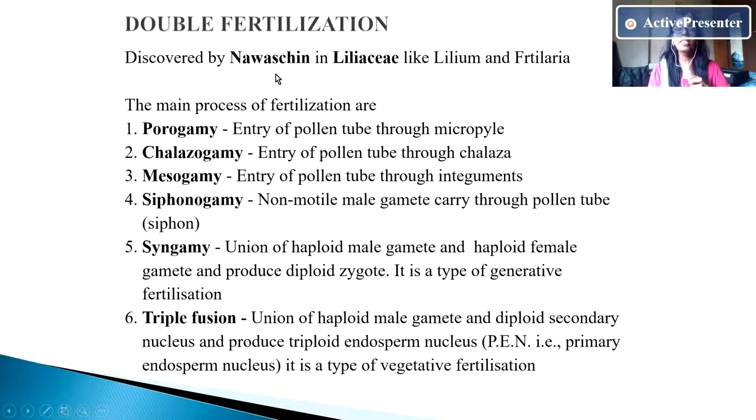It was discovered by the scientist Nawaschin in Liliaceae, like Lilium and Fritillaria. The main modes of fertilization: porogamy is when the gamete enters through the micropyle. Just now I described the entry of the pollen tube through the micropyle; it is known as porogamy. If the pollen tube enters through the chalaza, it is known as chalazogamy.